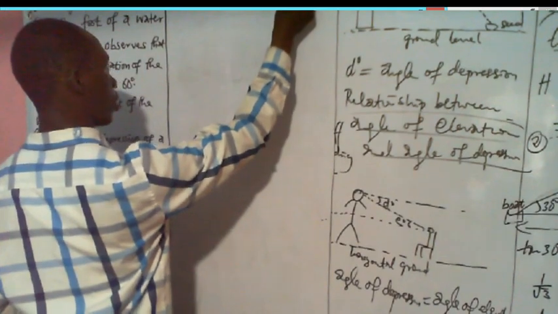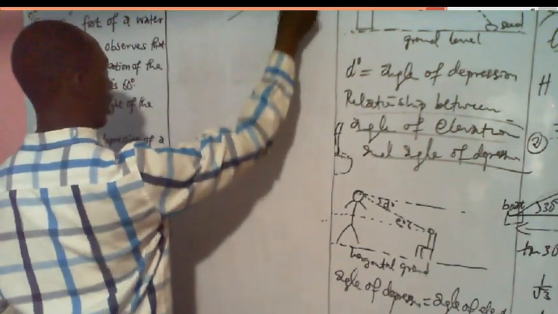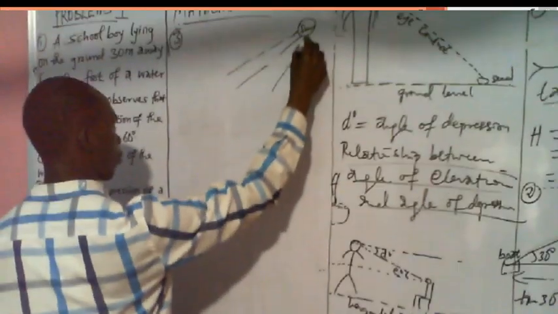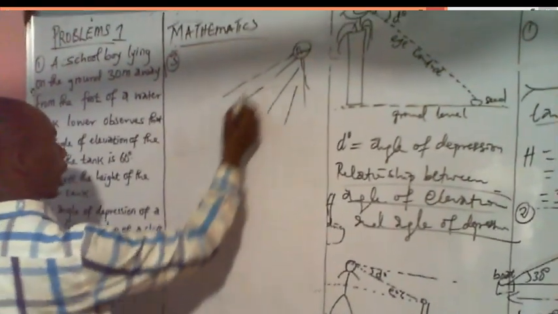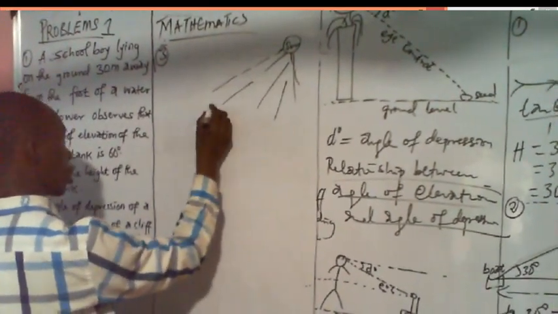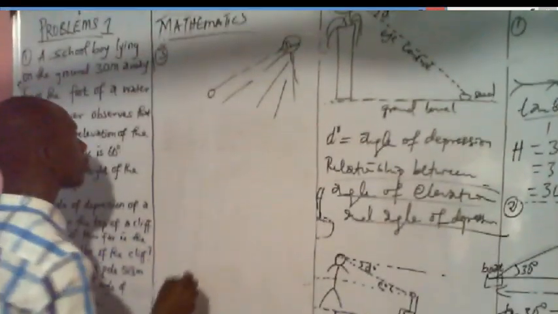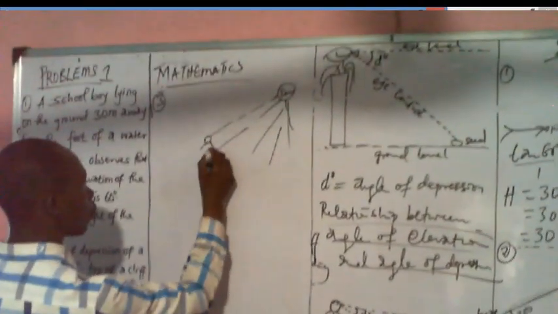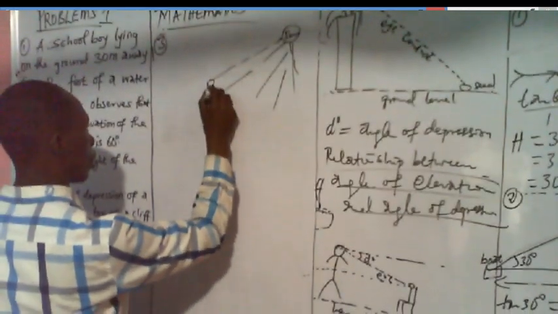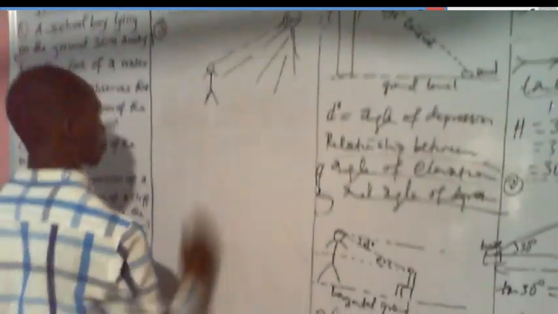The sun's light shines downwards, and here is a man on whom the sun's ray falls.